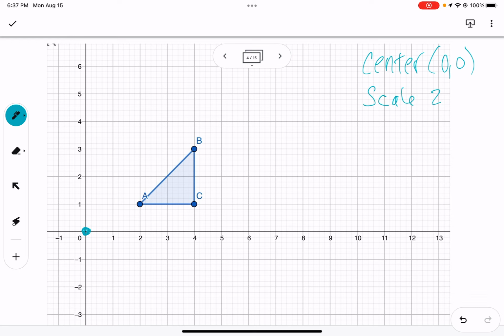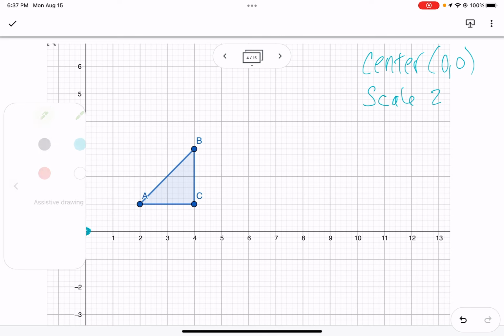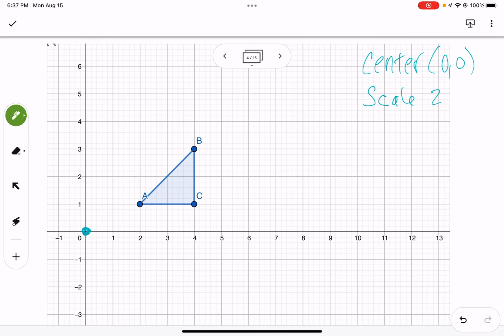Okay, so I'm going to do it in terms of distance again, just for consistency, and then we'll look at the coordinates. Okay, so let's take a look at what is the distance from A to the center. Right now, it would be 1 unit in height and 2 units laterally. So we want to increase that by 2.